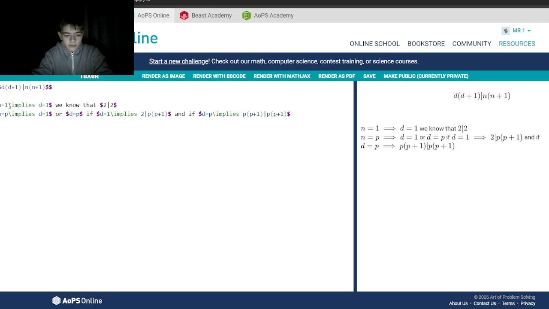And now we will prove that the number of divisors of n is less than or equal to 2. So this means that n is equal to some prime number, or n is equal to, actually let's call this Gn.